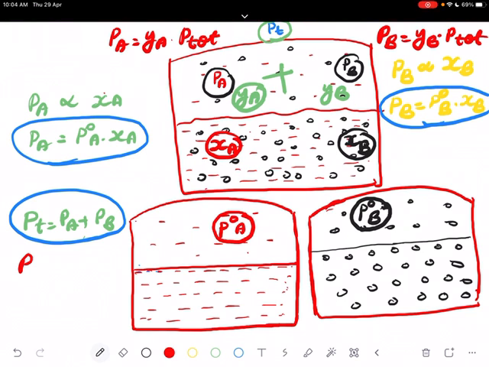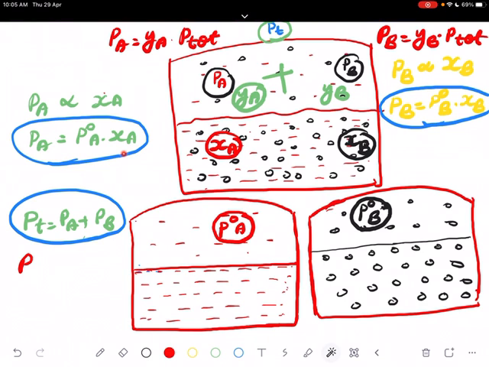PB is equal to P naught B XB, according to Raoult's law.